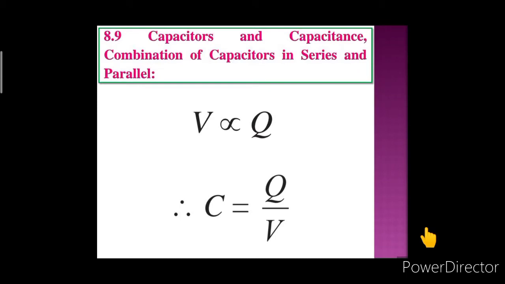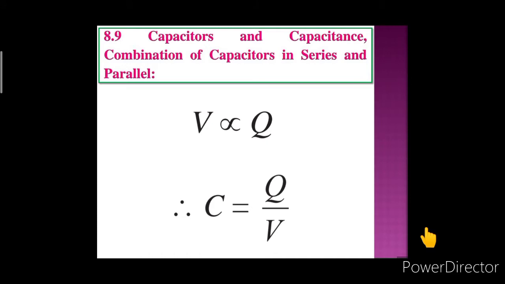So, we can define the capacitance of a capacitor as the ratio of the magnitude of charge on either of the conductors to the magnitude of the potential difference between the two conductors.